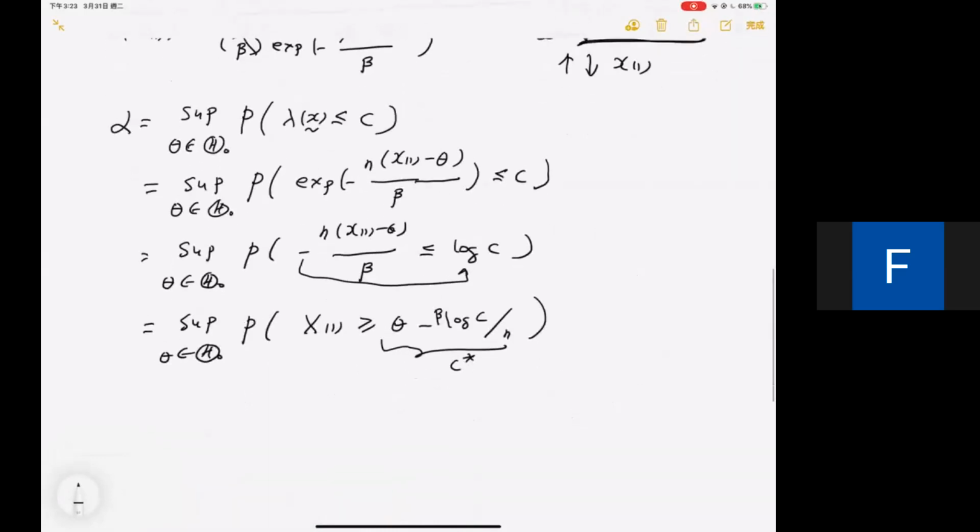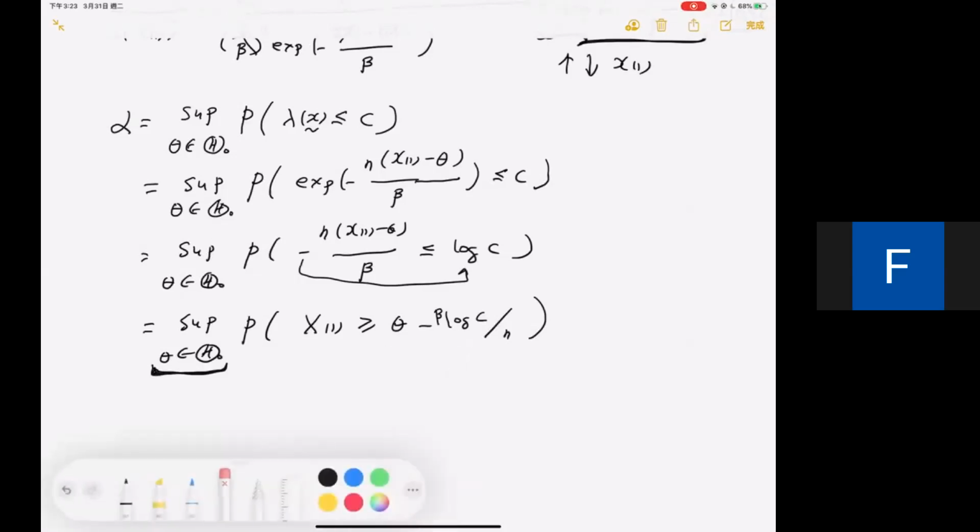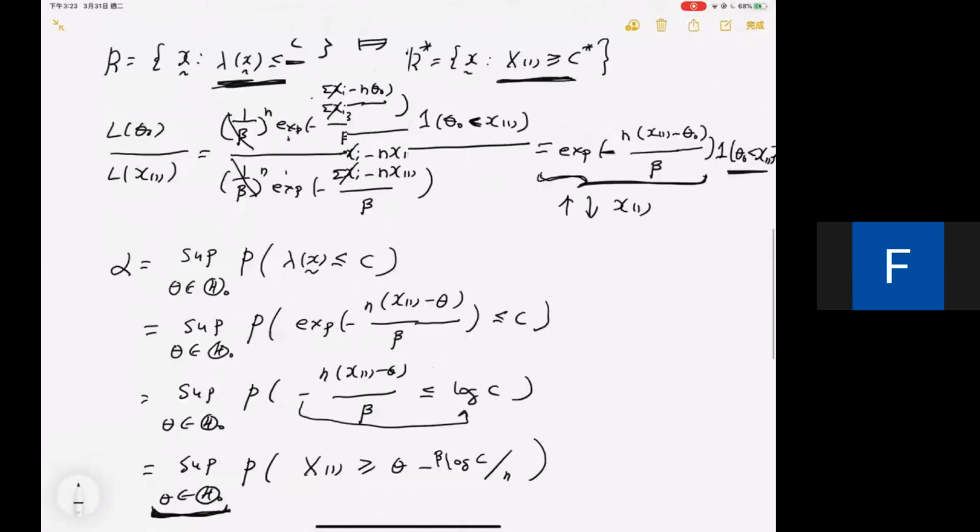Right here, it's written in this form. It could also possibly be easier for you to understand this supremum. So I look at it this way: theta is in the null space. The null space is theta smaller than theta 0, I think so.